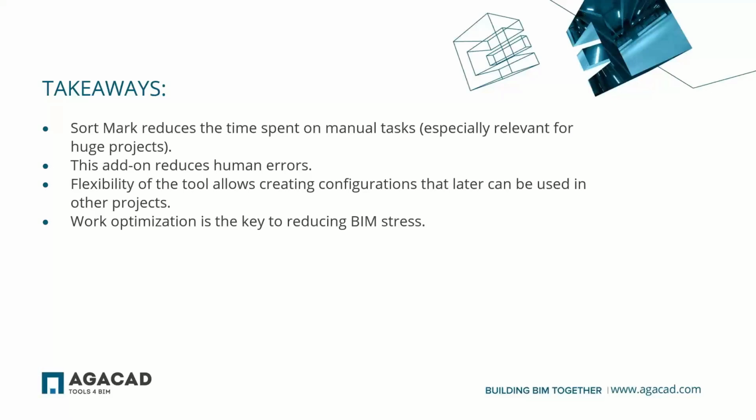The main thing is probably that the tool helps you to do everything automatically, and it helps to reduce the time spent on manual tasks, especially when you have really huge projects, like I showed you in the second module, where you have multiple doors and you can name and number them manually, but it would take a really long time. Also, the sort mark tool is reducing human errors, so by avoiding typing everything by hand, you really protect yourself from making mistakes.